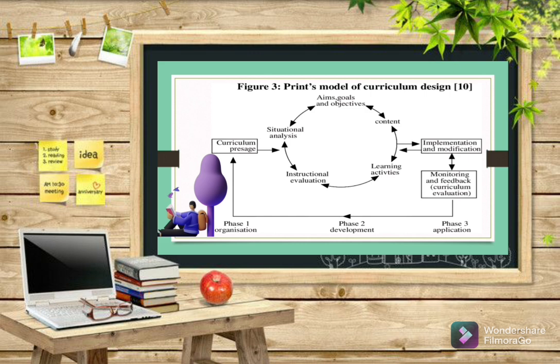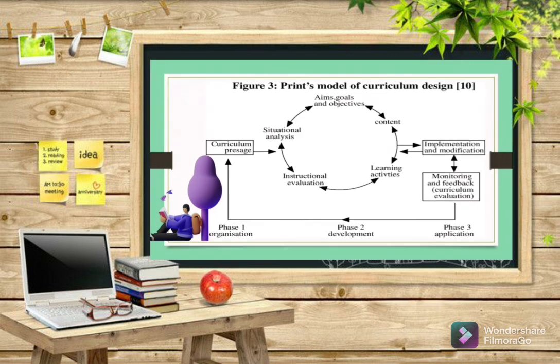But curriculum presage is part of situational analysis, since the various curriculum workers are also part of the context or environment of the curriculum. So in Print's model of curriculum development, it starts with situational analysis down to the instructional evaluation, and then it has three phases: the organization, development, and the application.